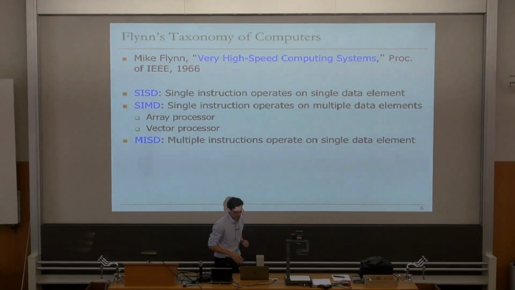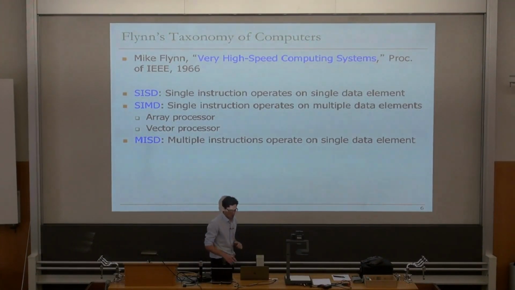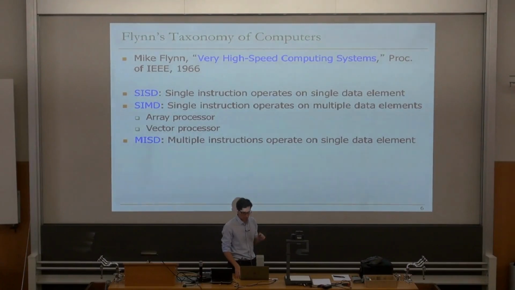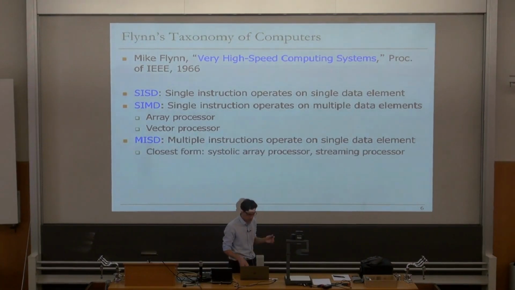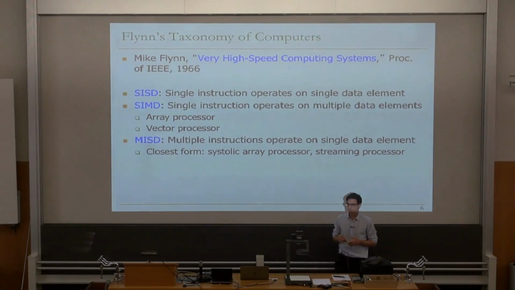The third category is multiple instruction, single data, and this is a very special type or very particular types of processors that have some specific characteristics and some specific applications. Among these MISD processors, we have systolic arrays that you might be familiar with.